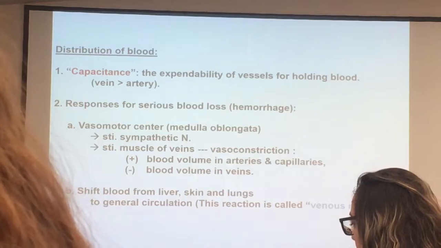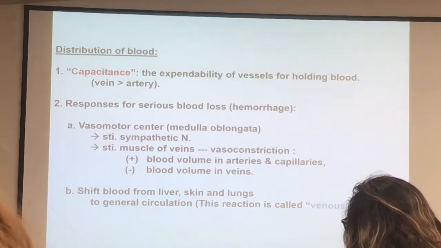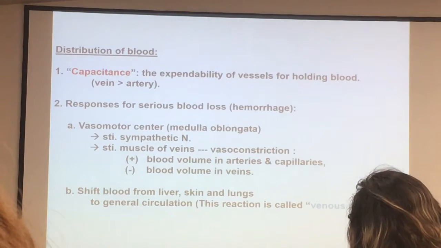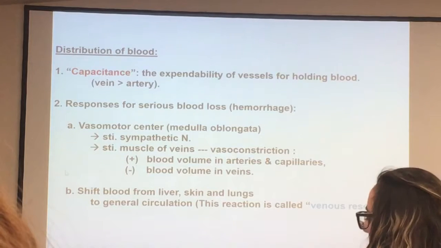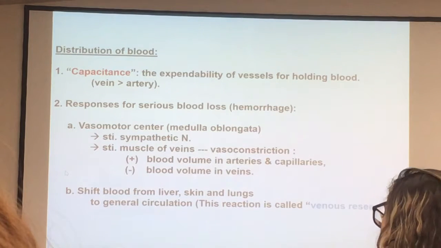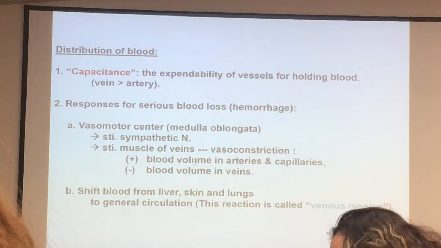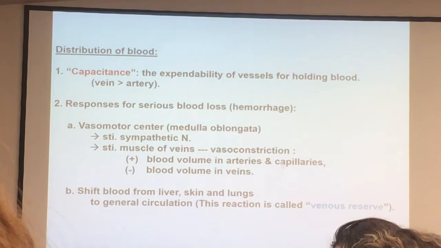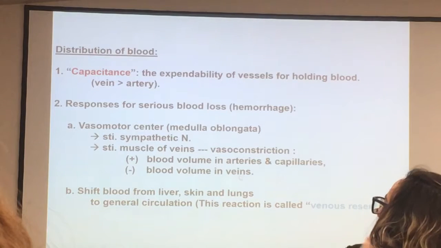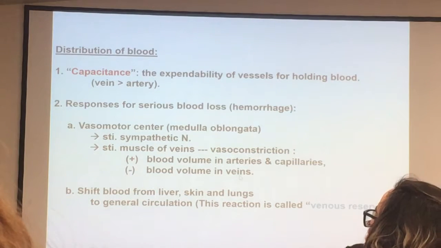The purpose is to move blood, because the artery is more important for our activity, the bone and the muscle. It will increase the blood volume in the artery and capillary, and reduce the volume in the vein, because we treat the vein like a storage room, okay?